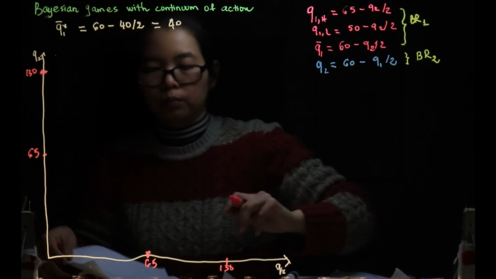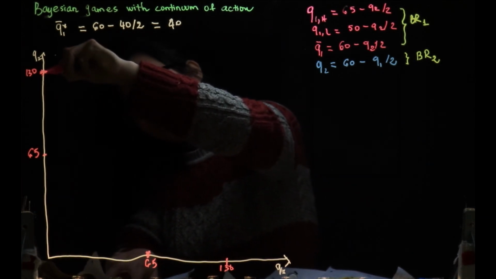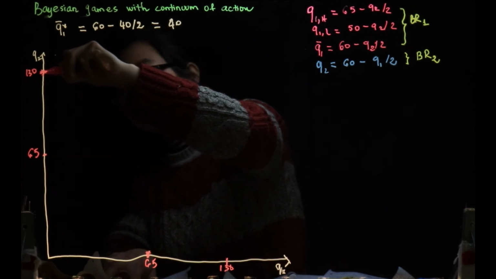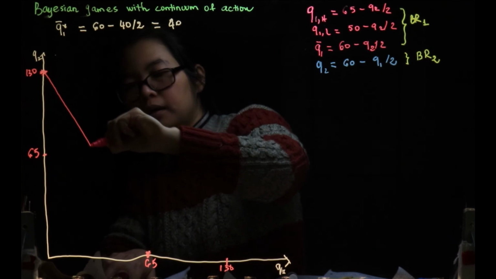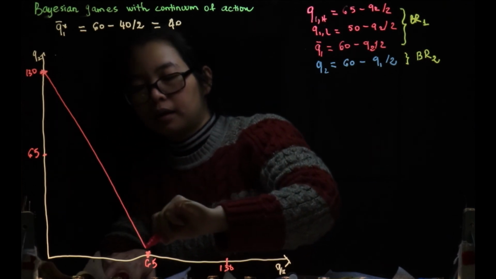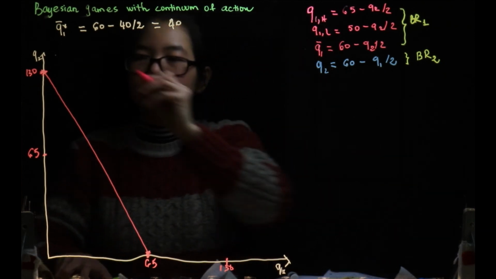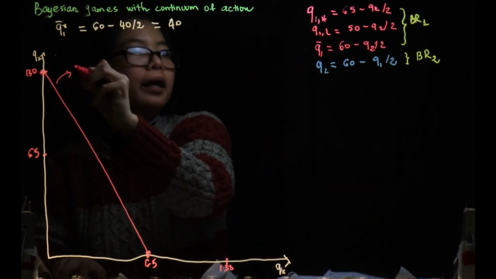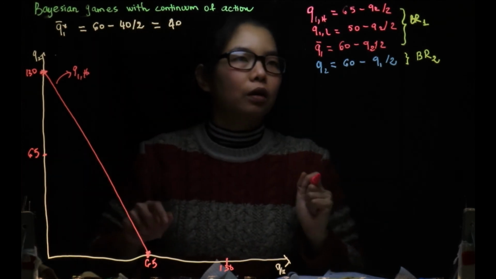So this is the second point to graph the Q1 high. Let's see if I can make it. Pretty good. Okay. So this is Q1 high, right?